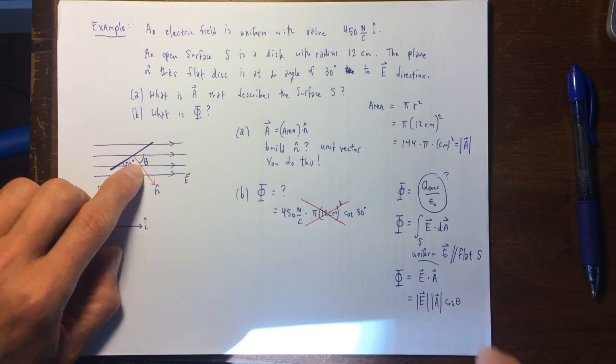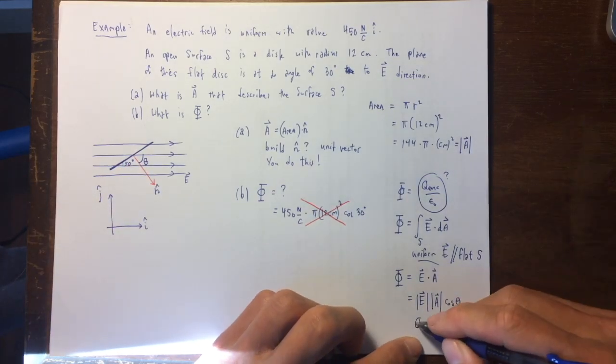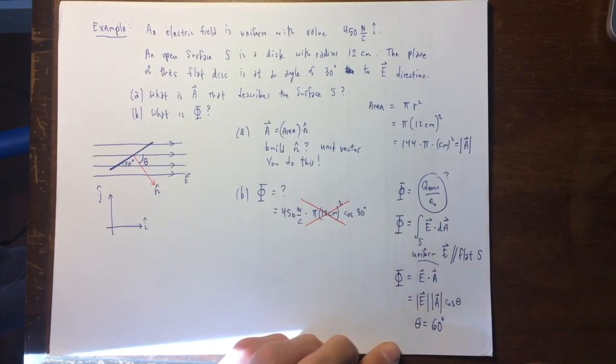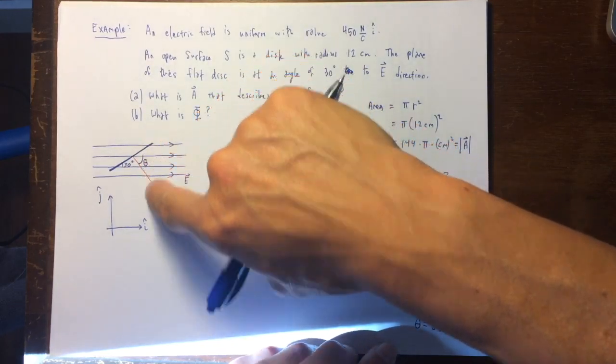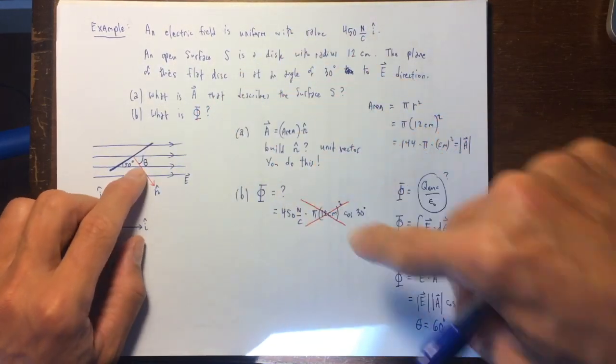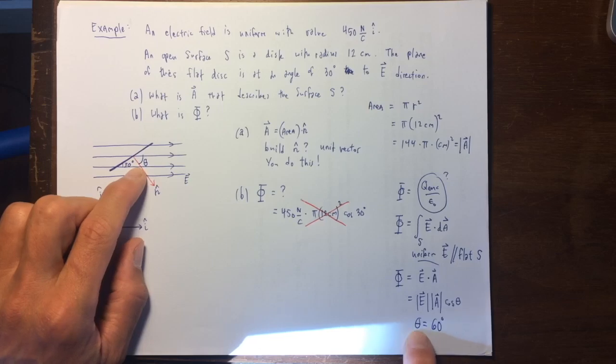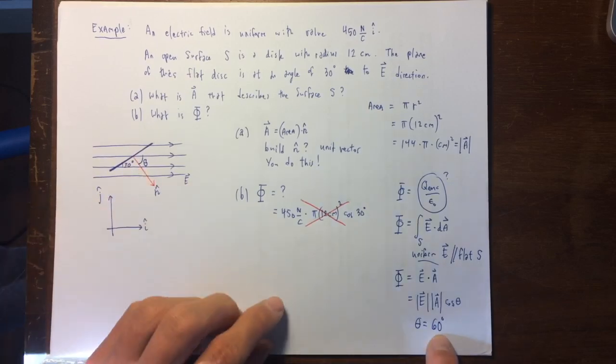The correct angle is 60 degrees. If you think about your triangles and angles, you'll find that the angle you have to deal with is actually the 60 degree angle.